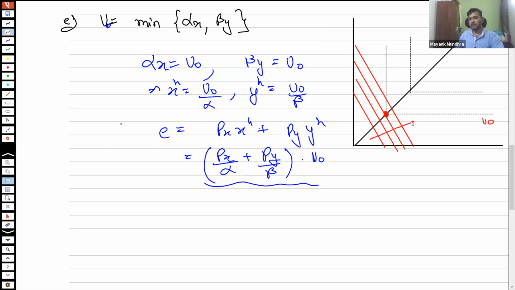This is the first indifference curve. As you move away from the origin, you are increasing expenditure. The aim is to minimize expenditure. The point with minimum expenditure is going to be this one, the vertex point. So that's why the equation of the vertex is alpha x equals beta y, and they should both be equal to u naught. Alpha x equals u naught is the first equation, beta y equals u naught is my second equation.